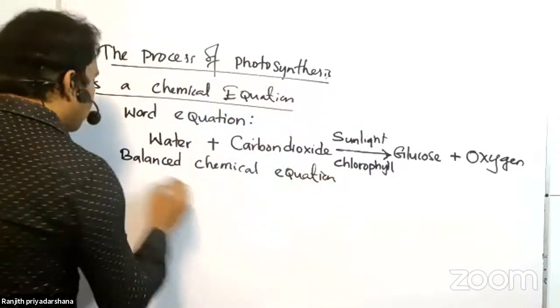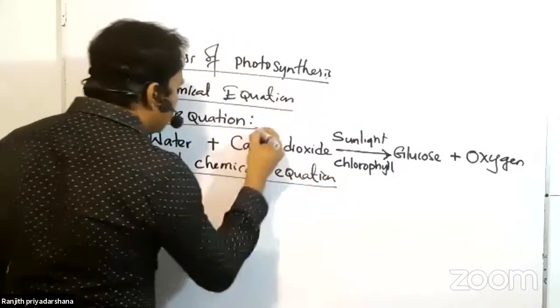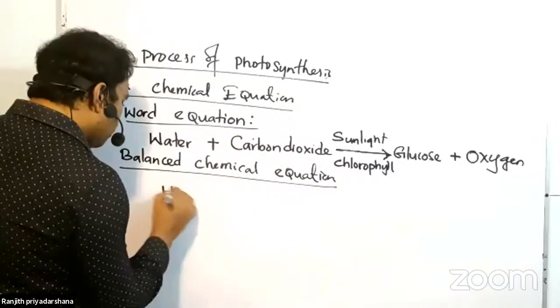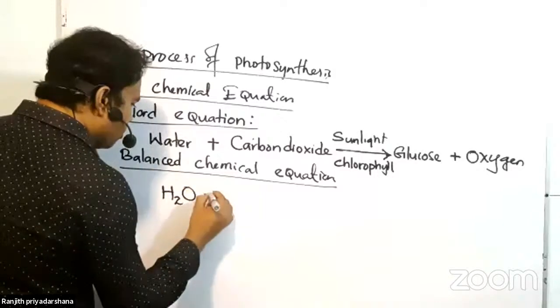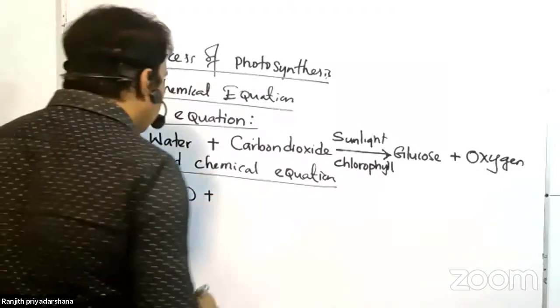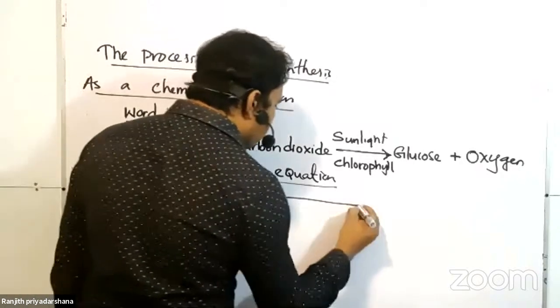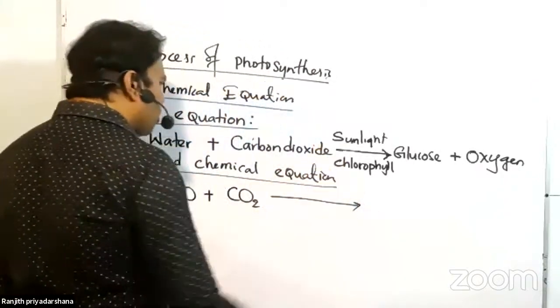Okay, let's write that balanced chemical equation. Water, that's H2O. Carbon dioxide, that's CO2. Sunlight, chlorophyll.